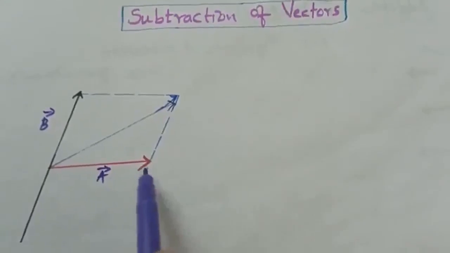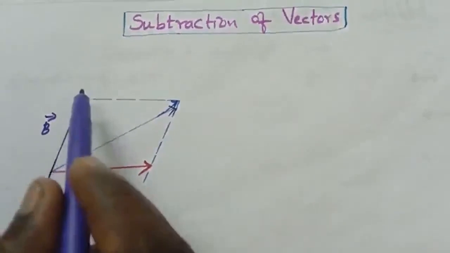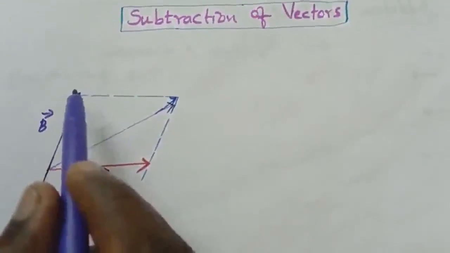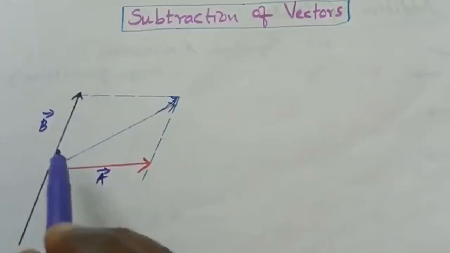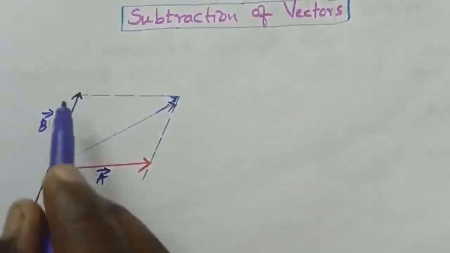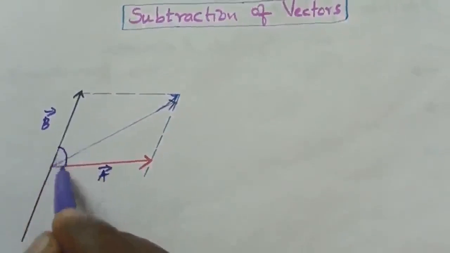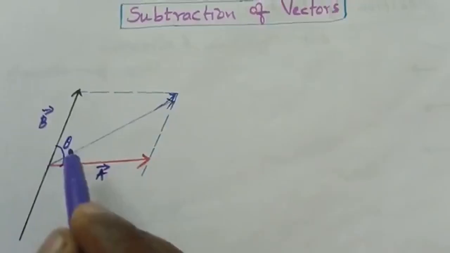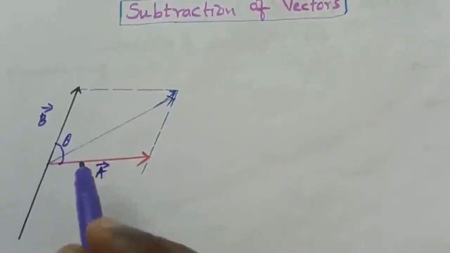This is the positive x direction, and the B vector is in the positive y direction, and they are inclined to each other. The angle between the A vector and the B vector is theta. Are you clear, children? Okay.